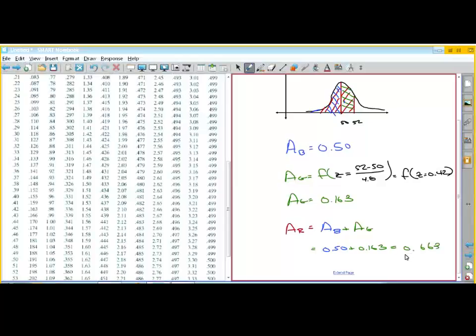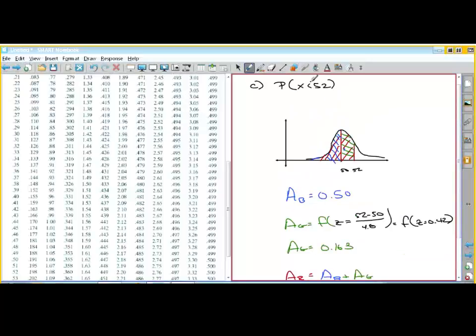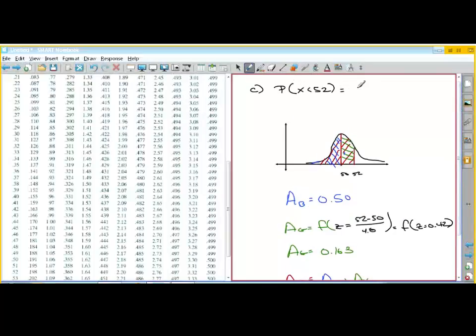So I get 0.663. What we can say is the probability that x is less than 52 is 0.663, or a 66.3% chance that the number will be less than 52.